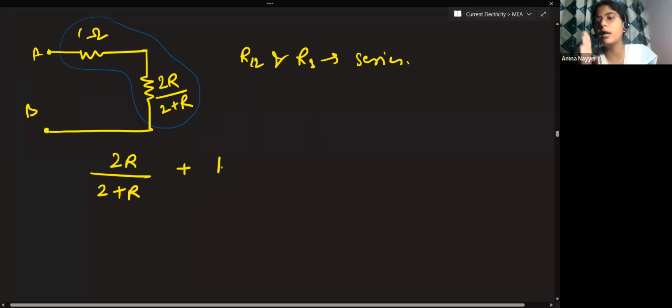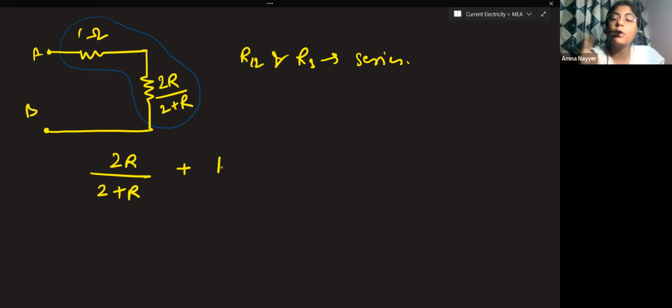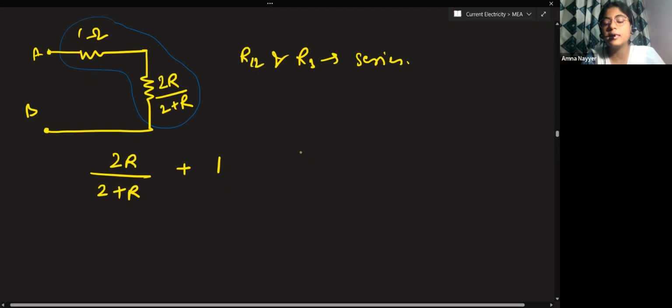Now, the equivalent resistance of this whole circuit, 2R divided by 2 plus R plus 1 ohm, will still be equal to the equivalent resistance of our infinite series, because as discussed earlier, adding the repeating term won't have any effect. So this net equivalent resistance will still be equal to capital R. Why?